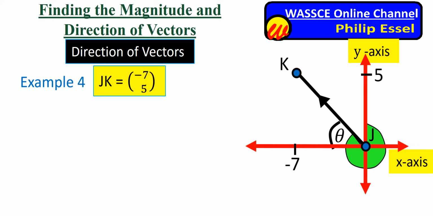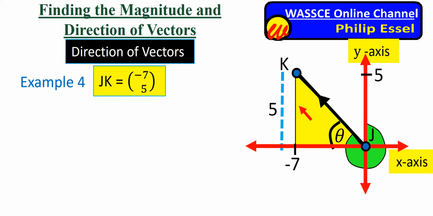To find the value of this angle, we would first have to draw a right-angled triangle in that region. We would now determine the opposite side and the adjacent side of this right-angled triangle. First, that is the triangle's opposite side in relation to the angle theta.